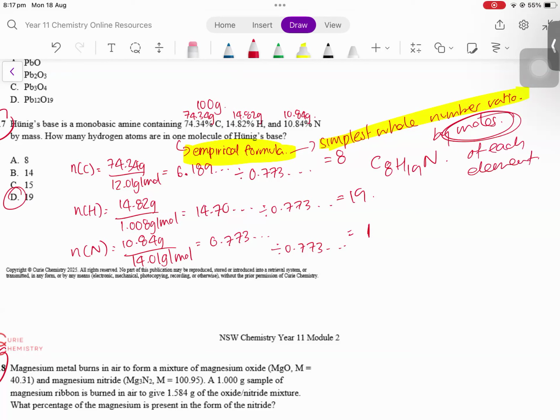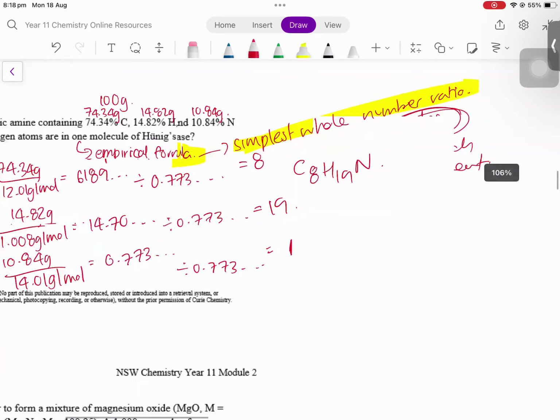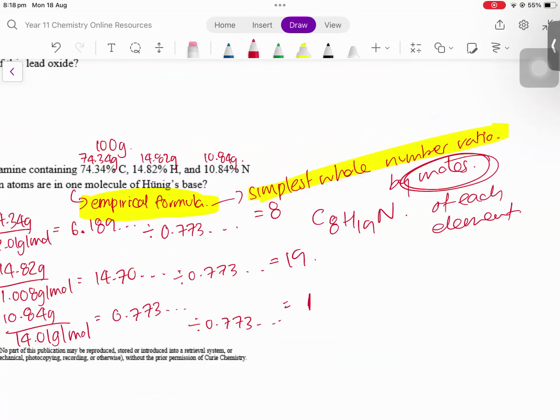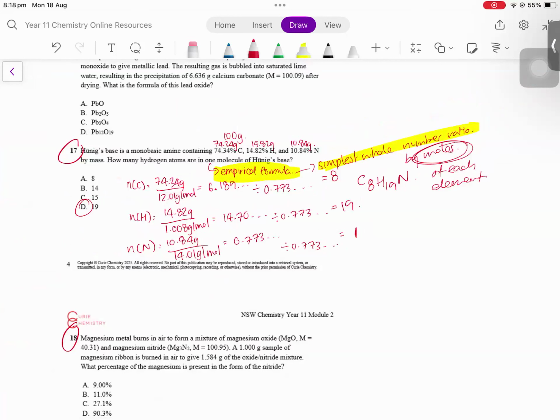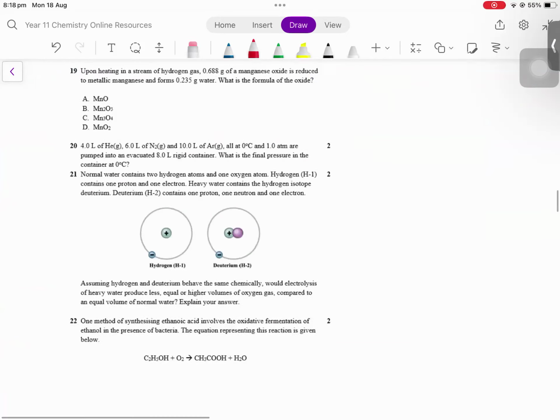How you go about doing that depends on the question. If they give you mass, you do mass and molar mass. If they give you concentration, you do C times V. You need to remember your bare minimum and then adjust from there. So keep this in mind when we do this next one. Bare minimum, you're calculating the moles of each element.